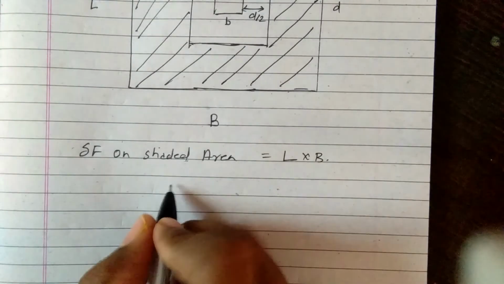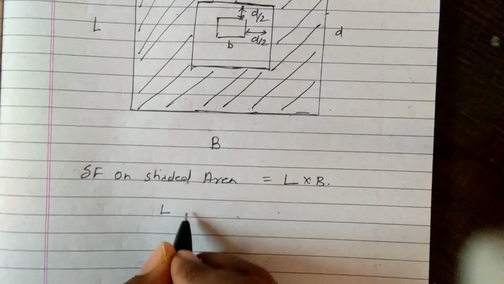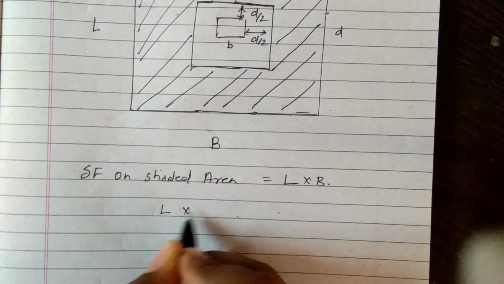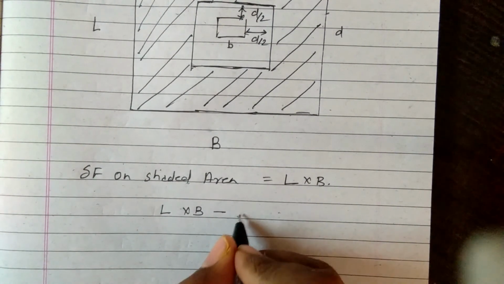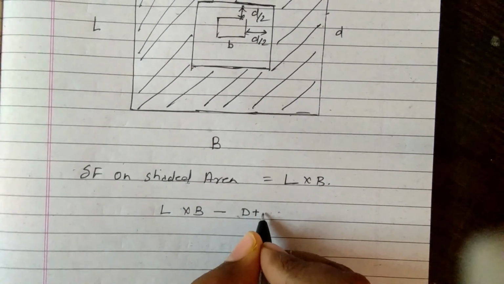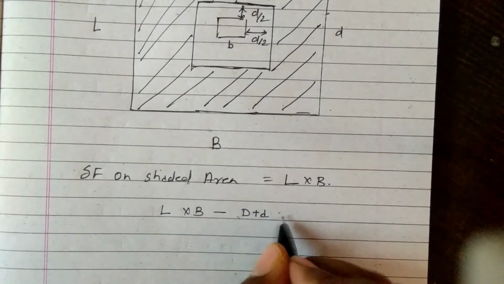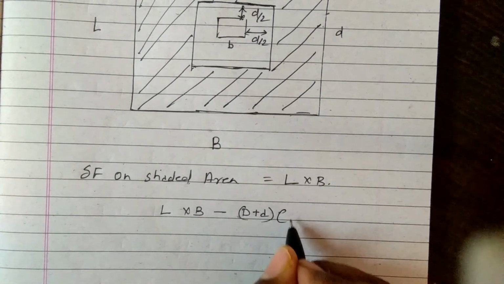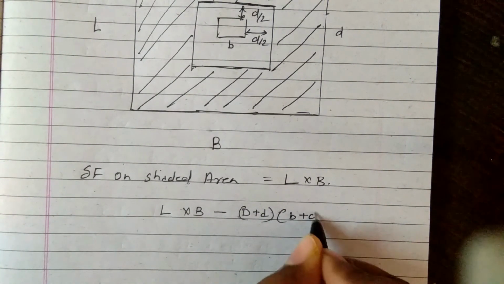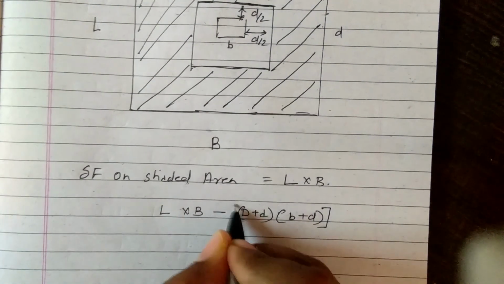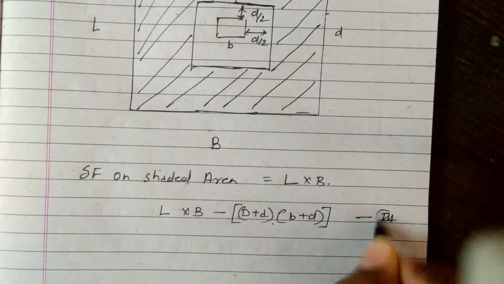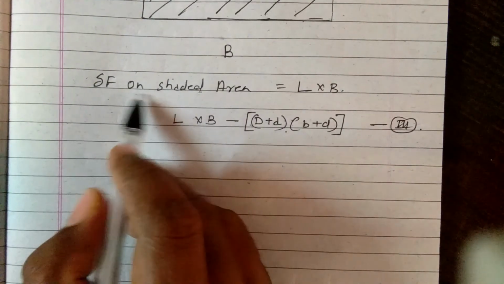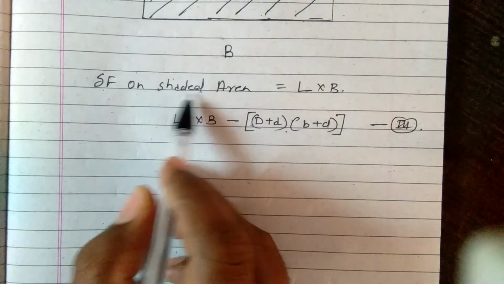Now see, from the total area, we have to deduct this area. Okay, now it means L into B, total area, minus small b plus d into small b plus d. Okay, total area minus this one, this is equation third, and now it is the shear force on the shaded area.